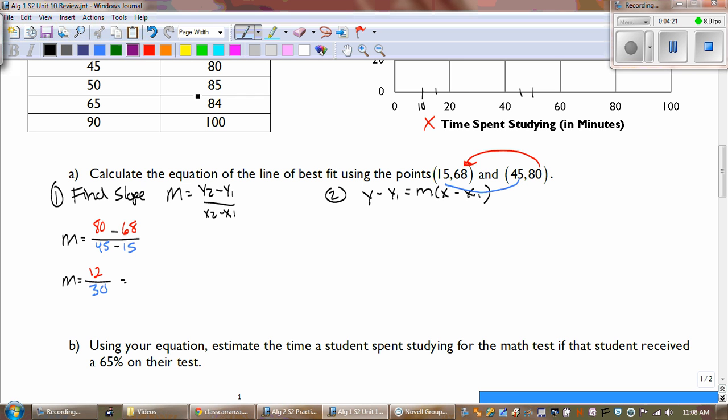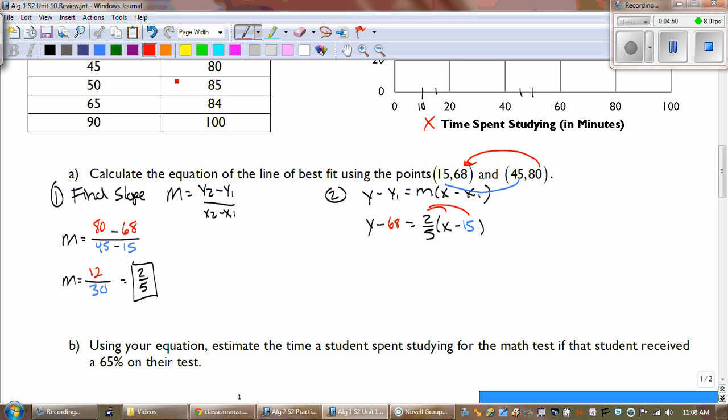We always want to reduce the fraction, and when we reduce it, we get 2/5. So when we come back over here, I'm going to plug in 2/5 for my slope, and now we just pick one of the points. I'm going to pick the one with the smaller numbers. So let's see, 68 was the y, and then 15 was the x.